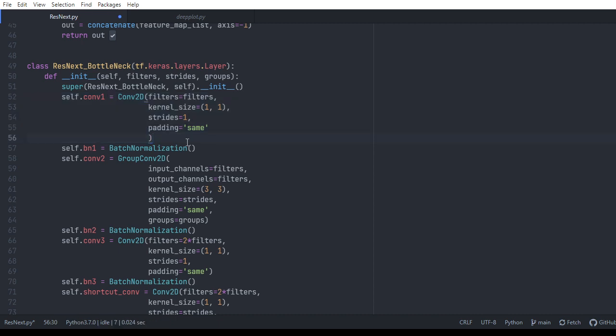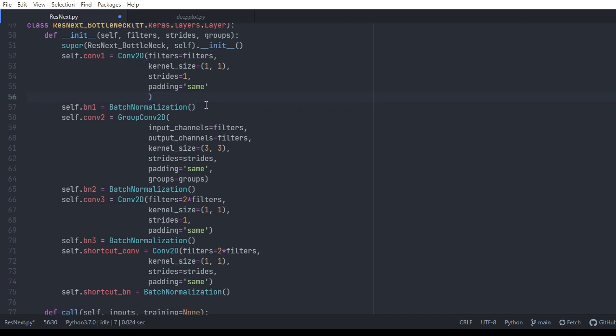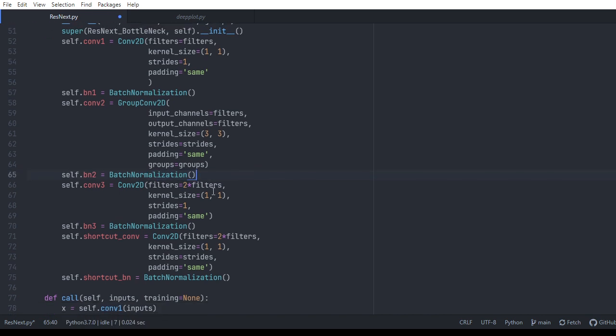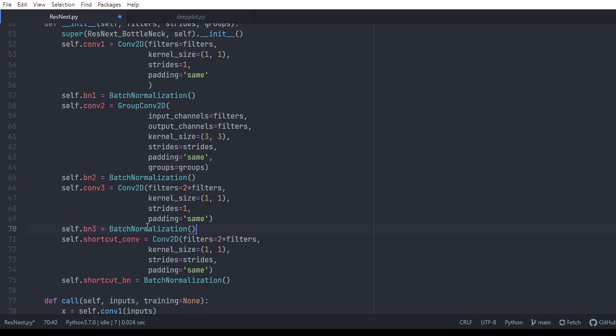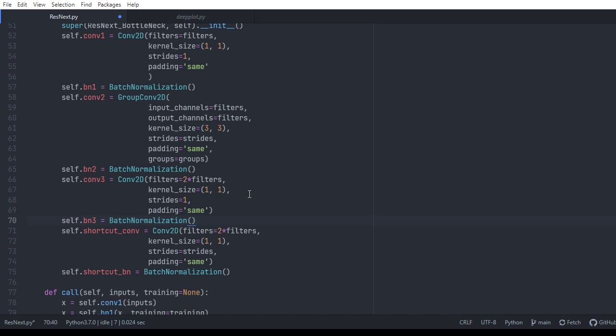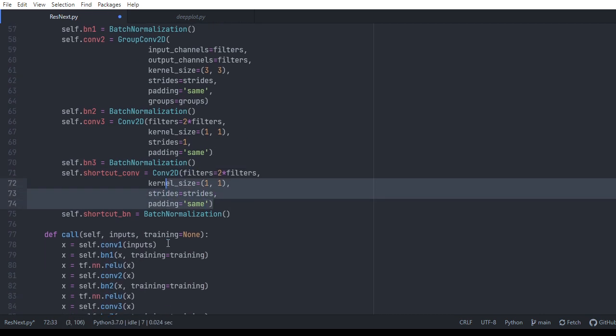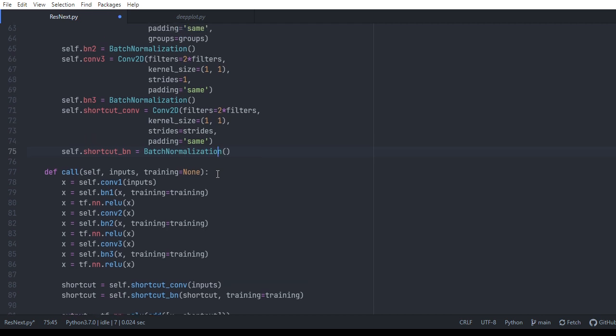Of course, after the normal convolution, there's the batch normalization and the ReLU operation, which we will implement in the call function. Then after that, we have the group convolution. We also have the batch normalization, and then all the way to the ReLU operation. And then the third one is now the normal convolution, the batch normalization, and the ReLU operation. And then after getting that one, we also get the output to the skip connection, which will be convolution, batch normalization, and then we add the two.